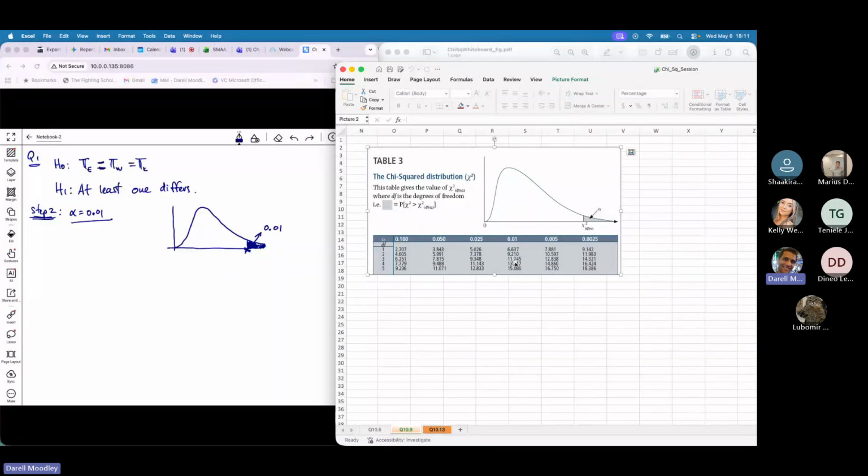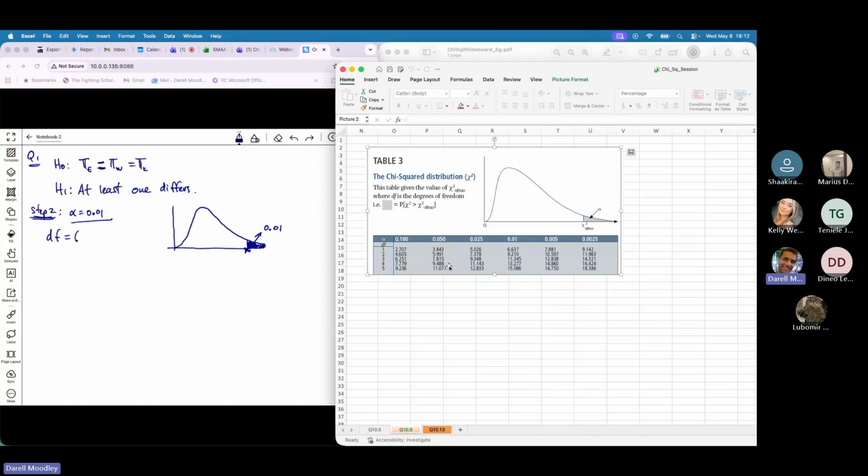How do we figure that out? We have to work out something called the degrees of freedom. If you look on the left, in the first column, you'll see df. That df is your degrees of freedom. How you work out your degrees of freedom, we're going to use a formula, and I'll explain it in a second, so don't panic.